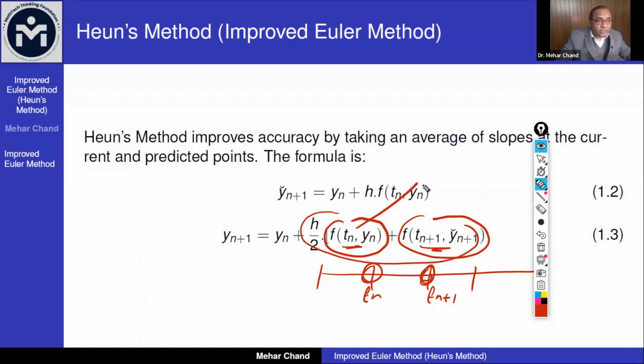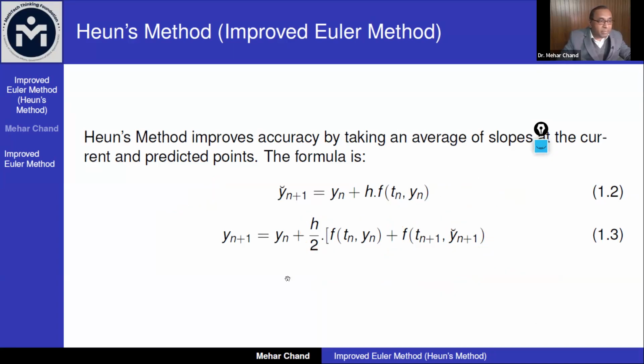We denote this with K1, and this is K2. These are K1 and K2. In the place of n, we are using i. So this becomes yi plus 1 is equal to yi, and ti plus 1 and yi plus 1.